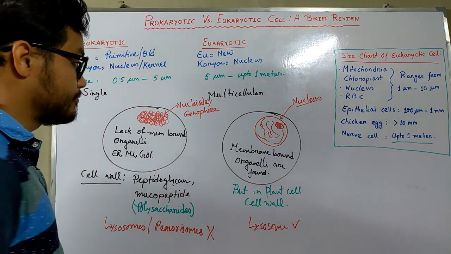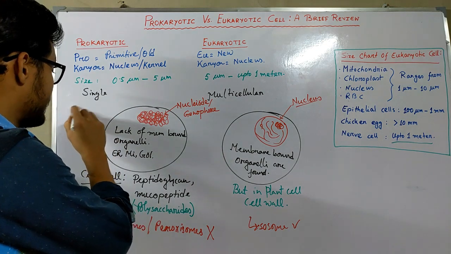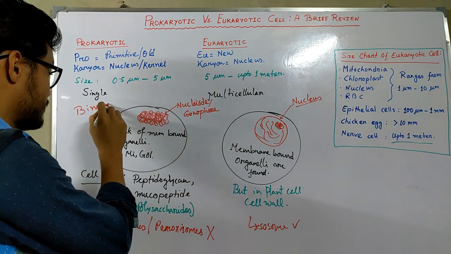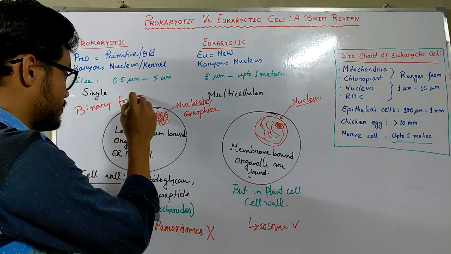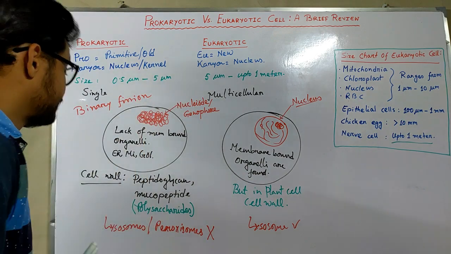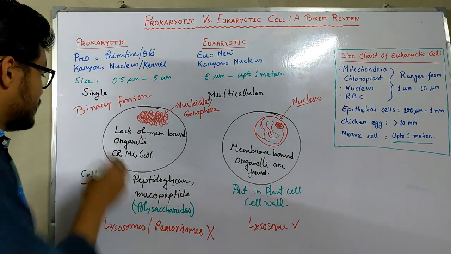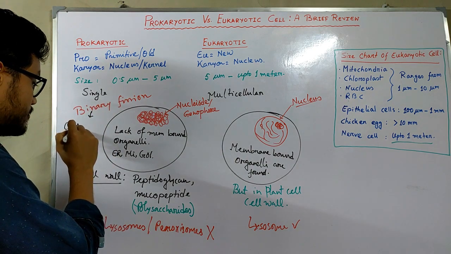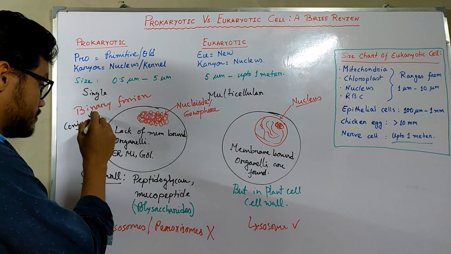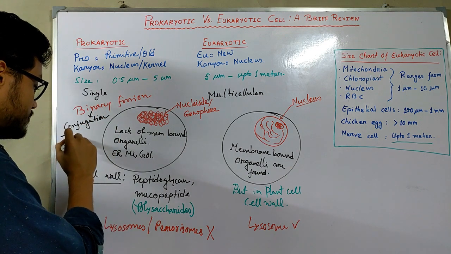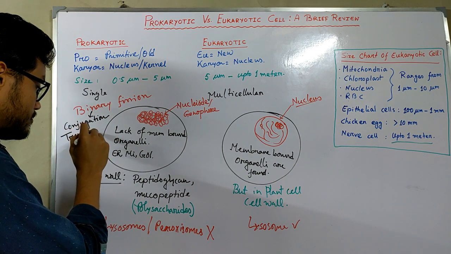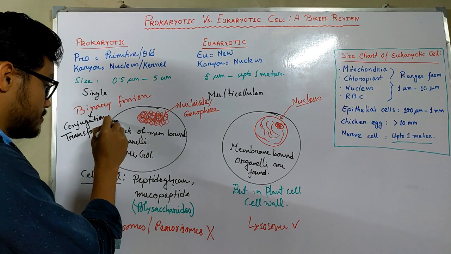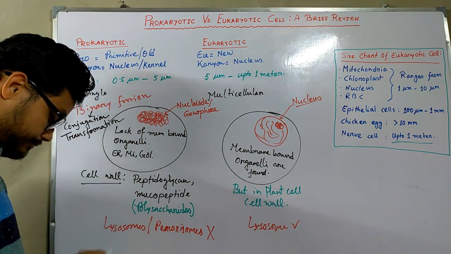In cell division, prokaryotic cells have binary fission, which is accompanied by conjugation, transformation, and transduction.